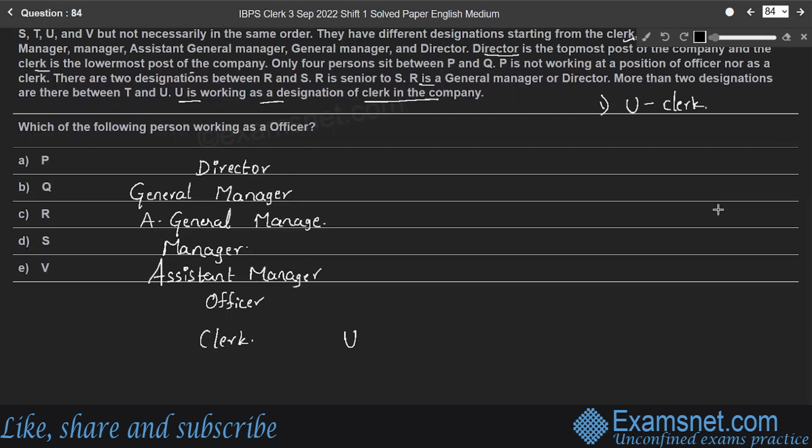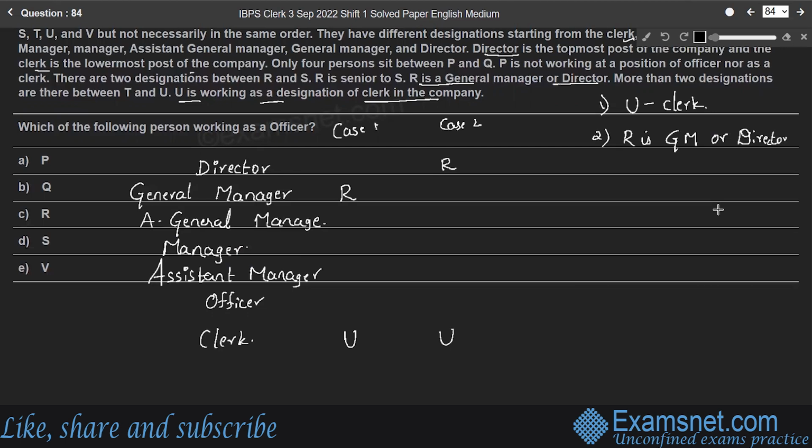R is general manager or director. So there are 2 cases. Either R is general manager or director. Let us consider case 1, where R is general manager. In case 2, R is director. And here in case 2, again U is clerk.